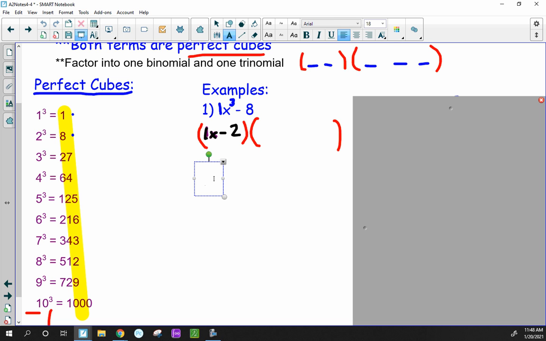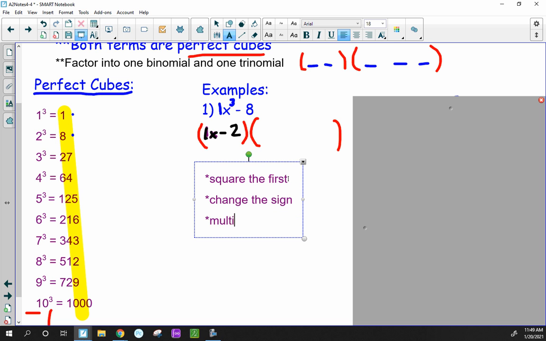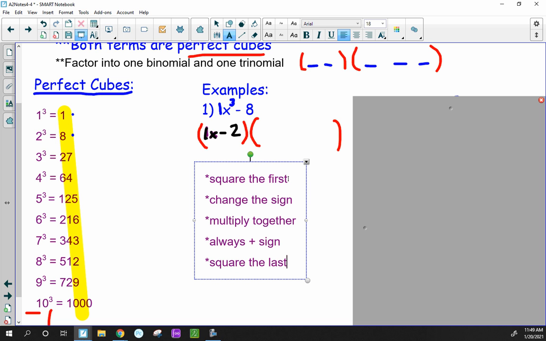Alright, so to get the second parentheses: square the first, change the sign, multiply together, always a plus sign, and square the last.